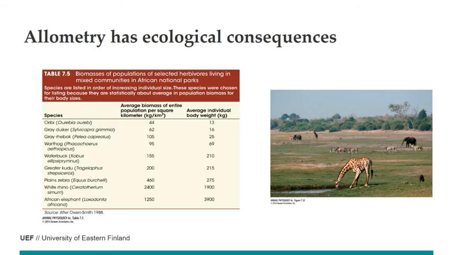At the same time, there is the average biomass of the entire population, when you calculate how many giraffes you have, how many elephants you have, and the average weight of them. From them you can calculate the average biomass. You can see that the large animals also have more biomass because they are more efficient in their energy metabolism.